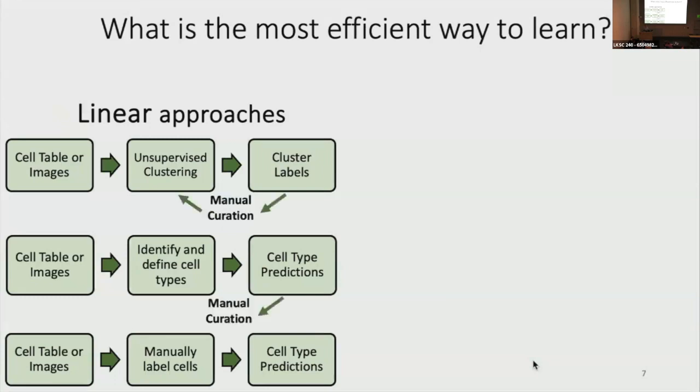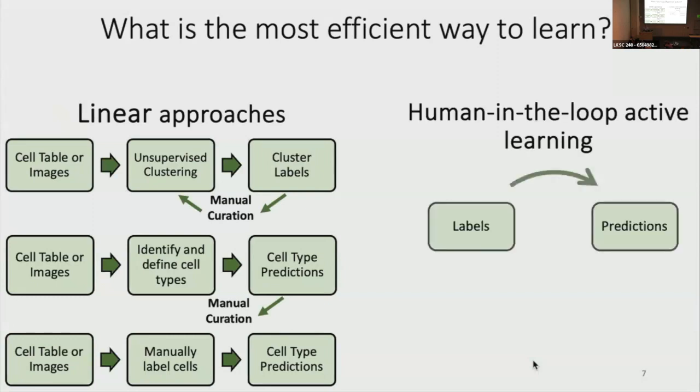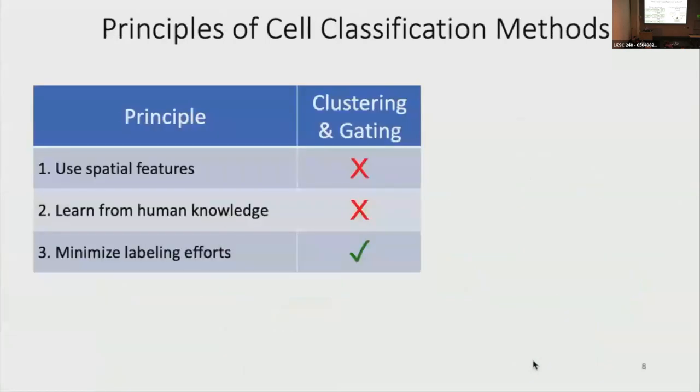But all of those ended up having manual curation built into them that's kind of hidden, but takes months and months of work. And as Noah said in his talk, human in the loop active learning really is an efficient way to learn, and it works well for segmentation. So here we use it for classification.